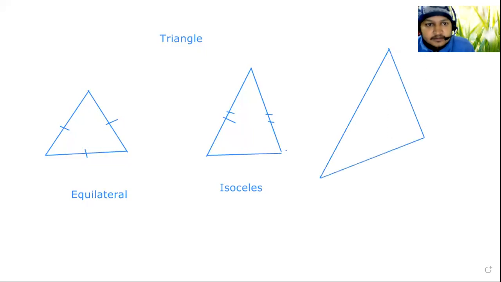For example, if it is 8 centimeter, this one is 5 centimeter and this one is 6 centimeter, then what type of triangle is this? Scalene triangle. This is just for revision.